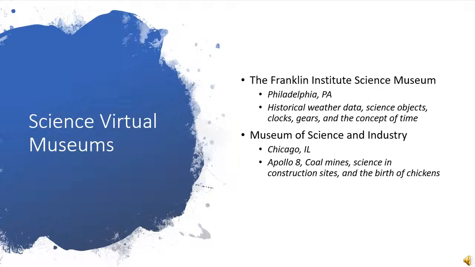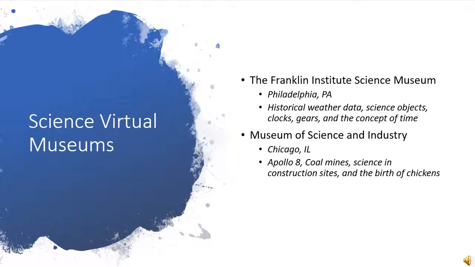There are various different types of virtual museums. In this slide I'm going to talk about science virtual museums. The Franklin Institute Science Museum is located in Philadelphia, and it specializes in historical weather data, science objects, clocks, gears, and the concept of time.